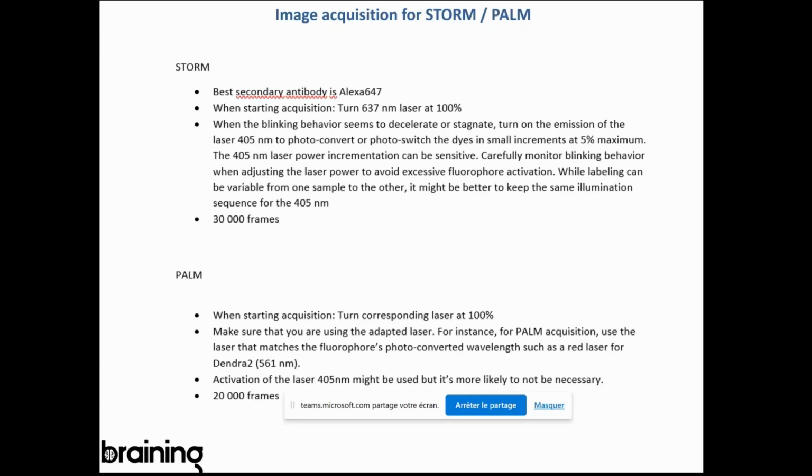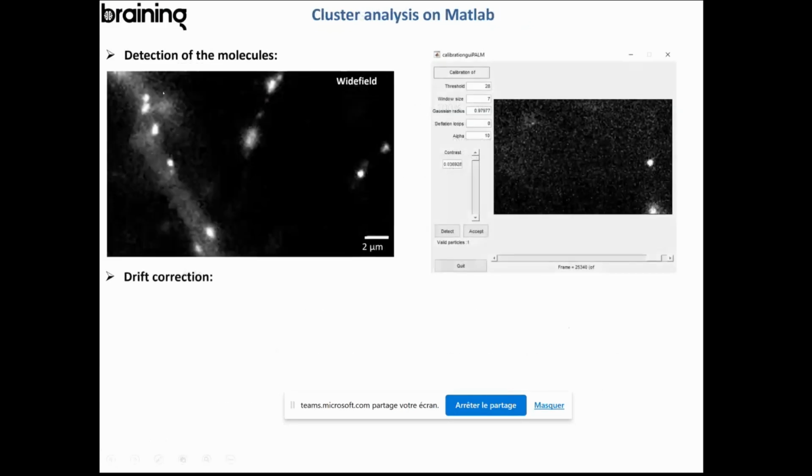All right, so here is a typical dendrite image. We take a picture with widefield, so standard fluorescence, to look at the region of interest, and then we acquire one by one the localization of the single molecules for 20,000 frames.